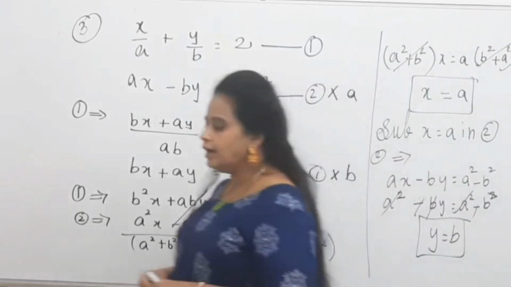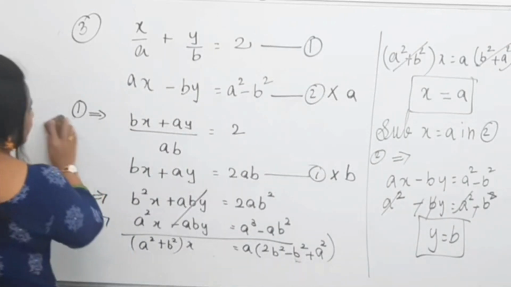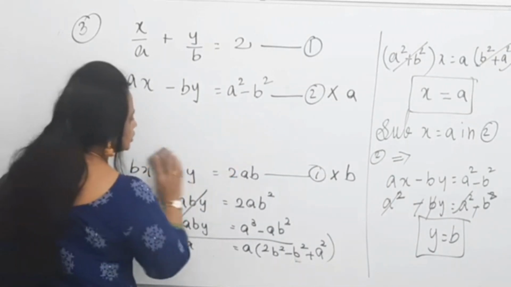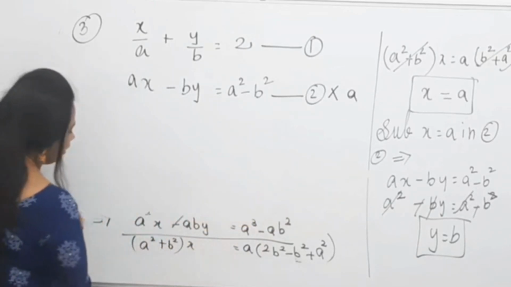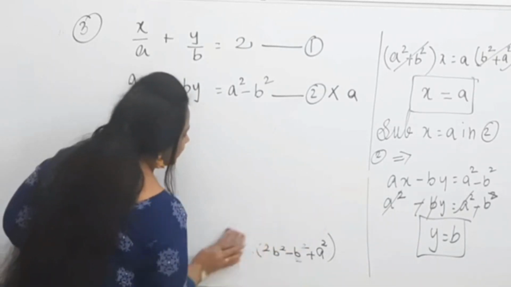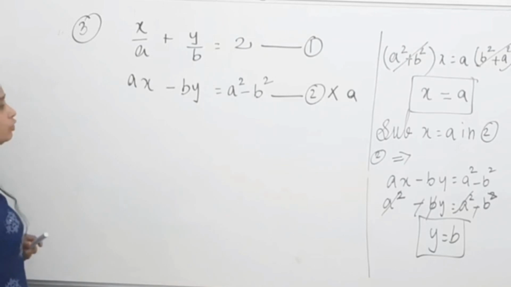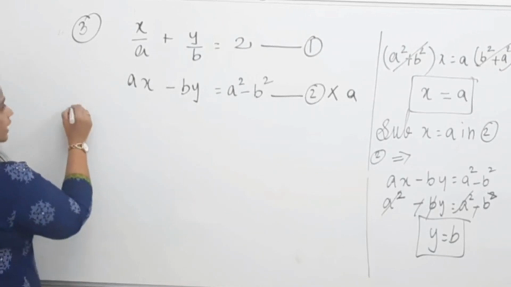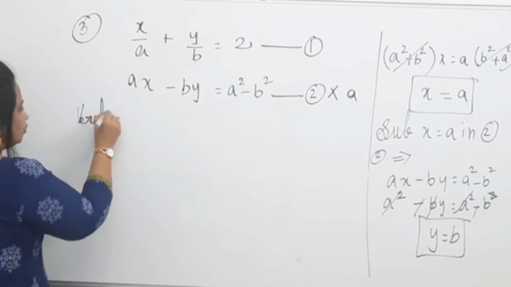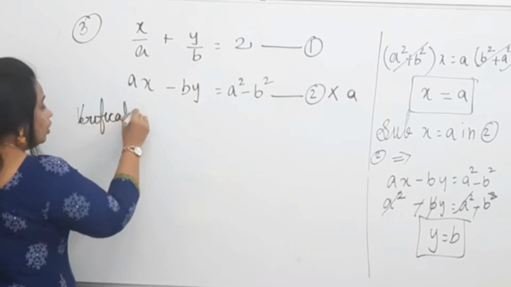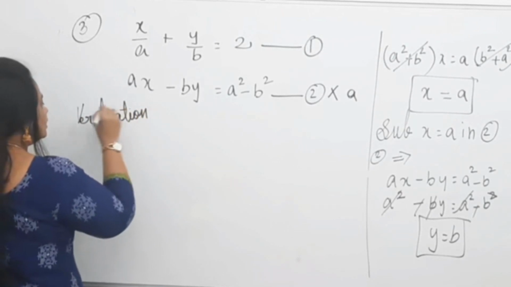Let me go and do my verification just by substituting. So, I will substitute in any one of the equations. Most probably the second equation is the best choice. So, I would have my second equation, verification. This is called verification, to verify whether your answers are correct.